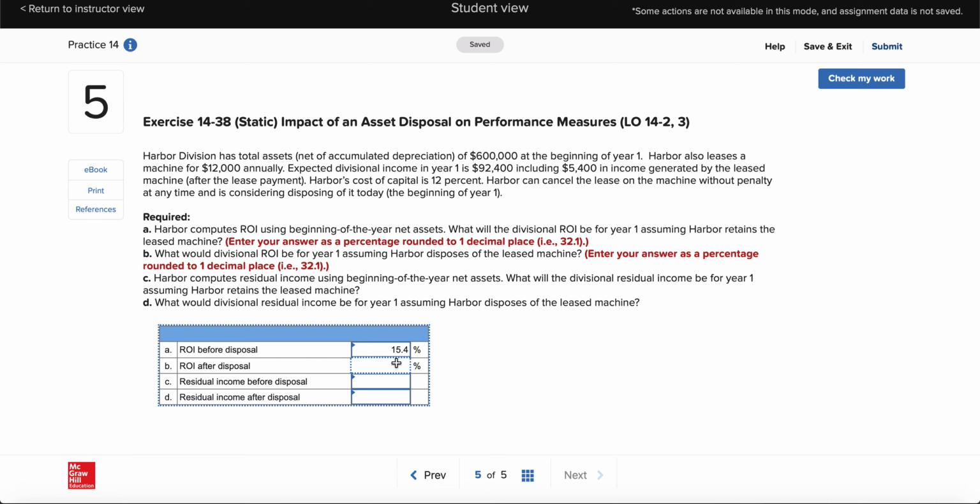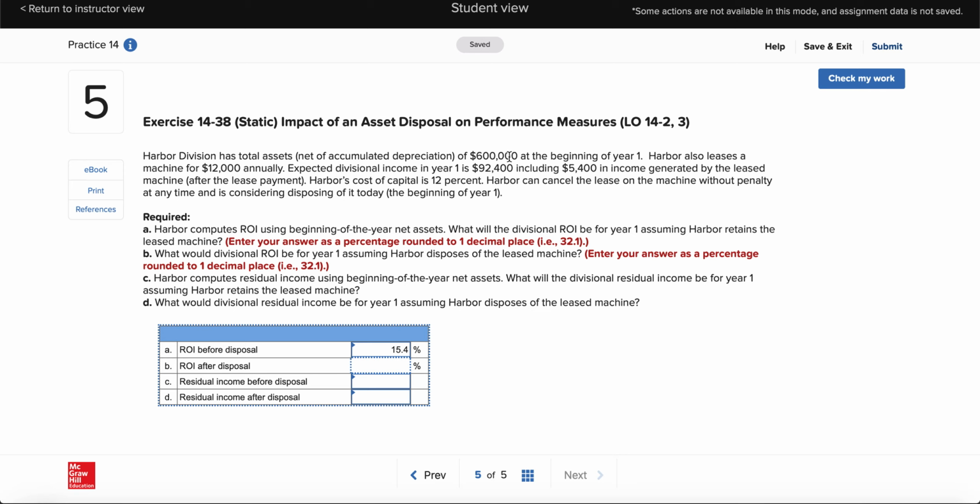After the disposal of this asset, we're looking at $92,400 in divisional income minus the $5,400 that is specifically generated by this leased machine. That's going to change what the income is, and then we're still going to divide that by 600,000 because that is still representative of our total assets.